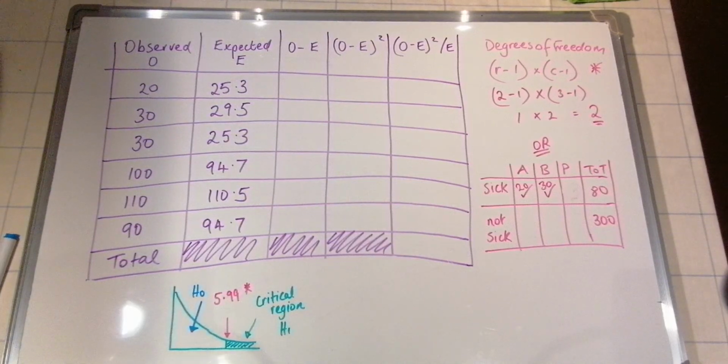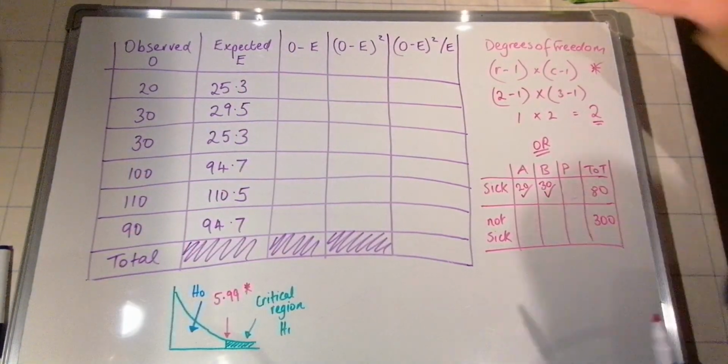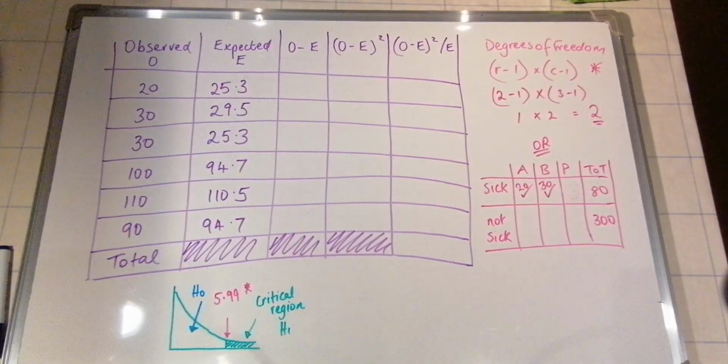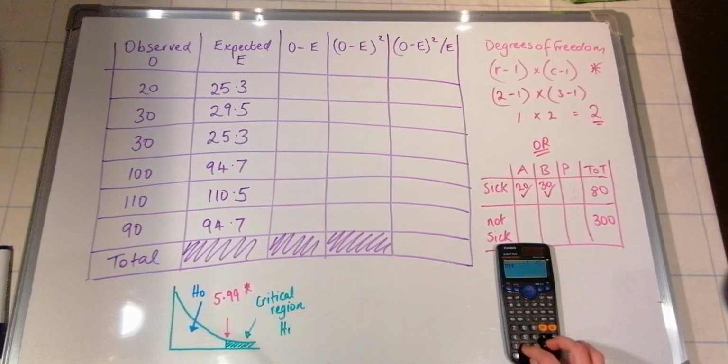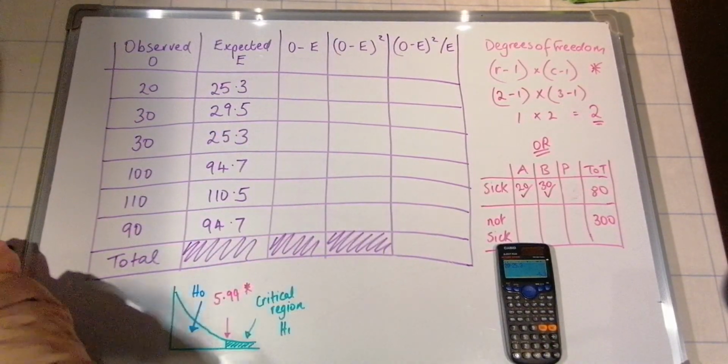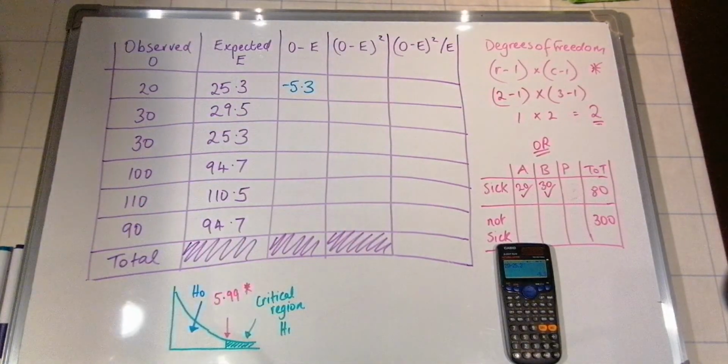I'll go ahead now and calculate my next column in this table. So it's O minus E, your observed value, take away your expected value. My observed value on there was 20, and if I take away my expected value of 25.3, I'm going to get negative 5.3. I'm just throwing this in the calculator because I have to square it in a wee minute. My next column is just that previous column, that negative 5.3 squared, and we're only squaring it to remove the negative numbers, the same way that we did with Spearman's rank as well.